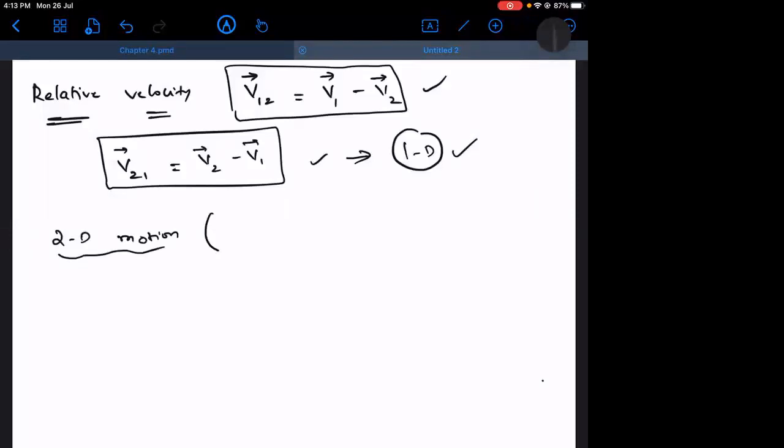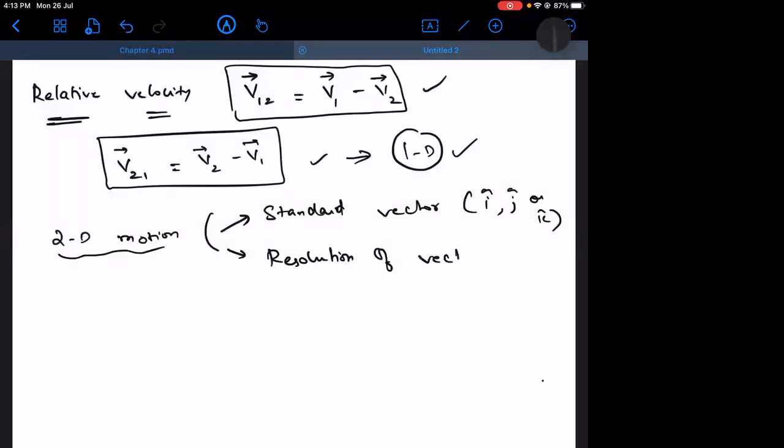Again, you can either apply it in the form of standard vectors, that is in the form of i cap, j cap, or k cap, or you can use the concept of resolution of vectors. I hope you remember what resolution of vectors means, right? That is what we are going to see in this context.